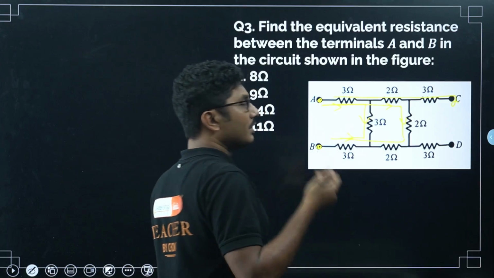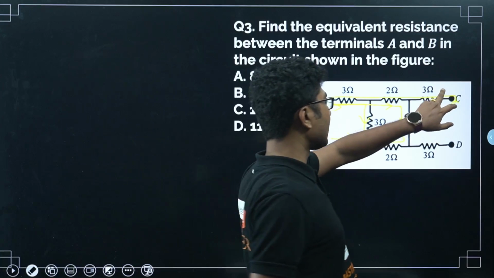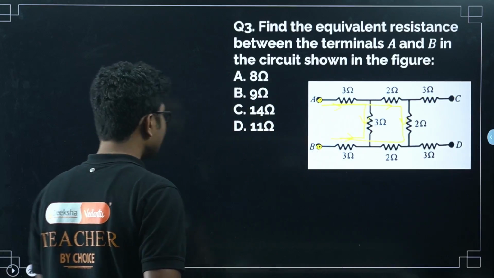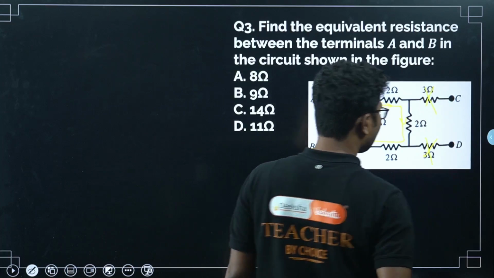So you have to think and imagine through which current can pass. If the current is not able to pass through those resistances, then they are just useless. So basically this resistance and this resistance are useless.